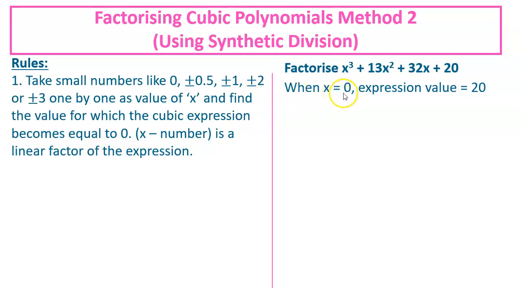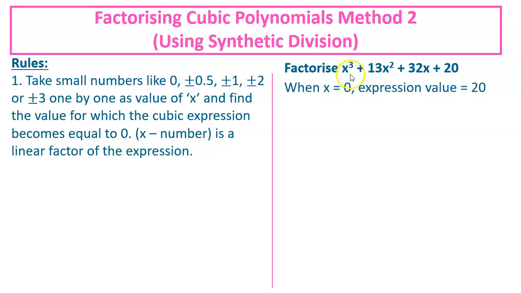We are searching for a number which, when substituted for x in the given expression, will make the expression value equal to 0. Now we can take the next number as plus 1, but over here you see every term is a positive term. So if you substitute 1 in place of x, you will never get a value of 0. Even then, I'm just showing you the sum total if you take x equals 1.